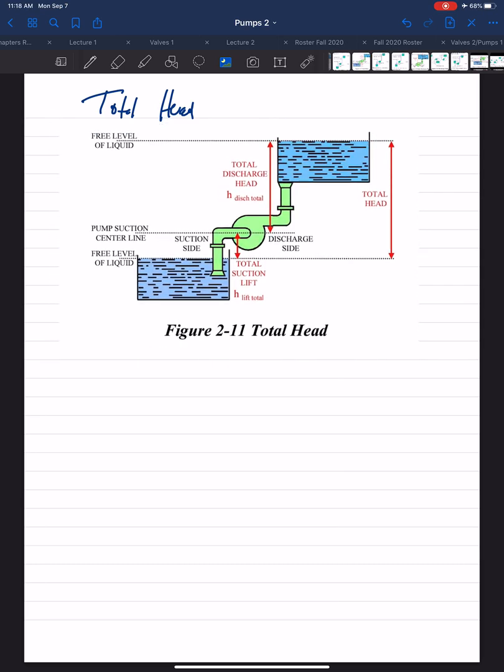So here, on the suction side of the pump, we're talking about lift because the source is below the suction, and this is the discharge side. So the total head is getting the pump, the fluid from the source level to the discharge level.